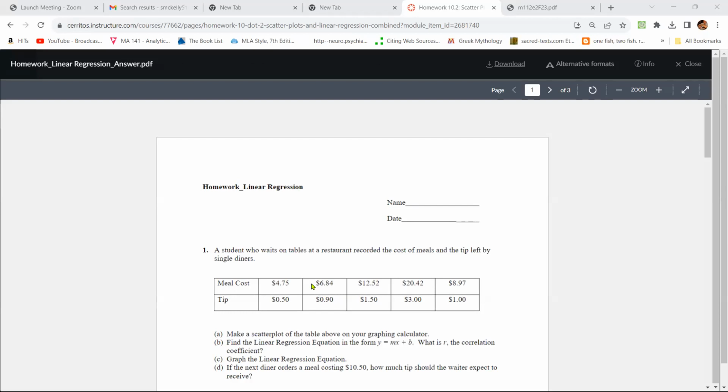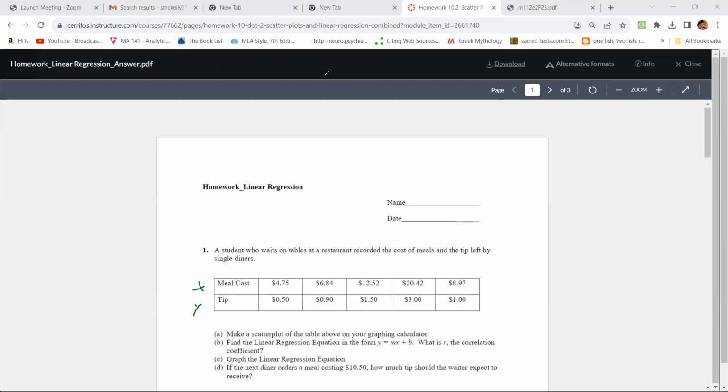Anytime you see a problem like this, and Professor McDowell has done it, you can safely assume that your top line is your X and your bottom line is your Y. That's typically just a convention of hers. So your data is going across the page. Keep in mind that in the calculator, it will go down.